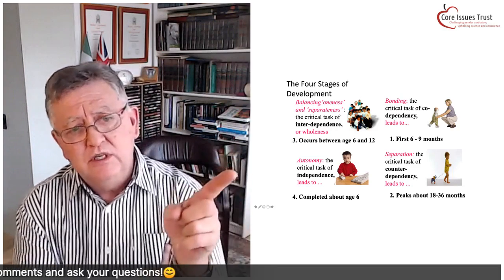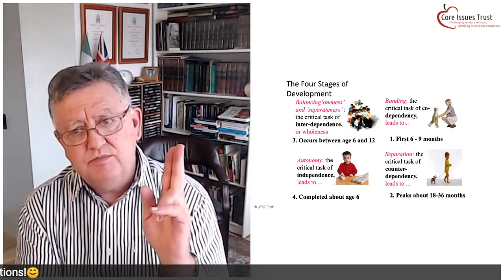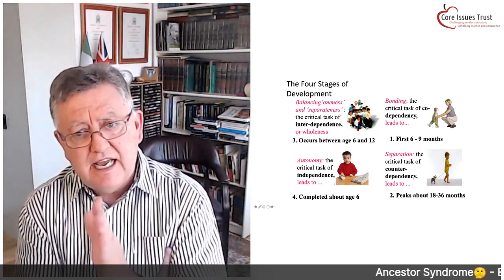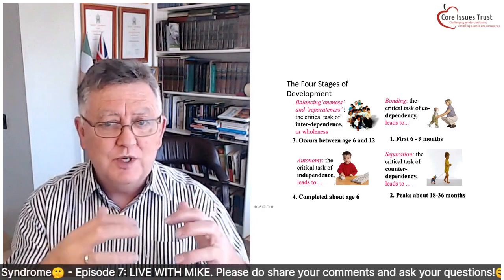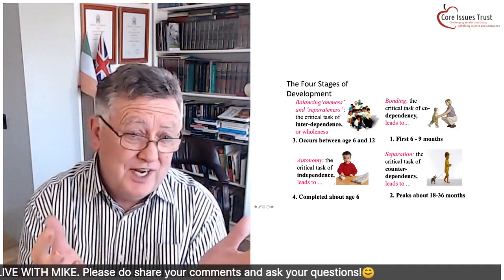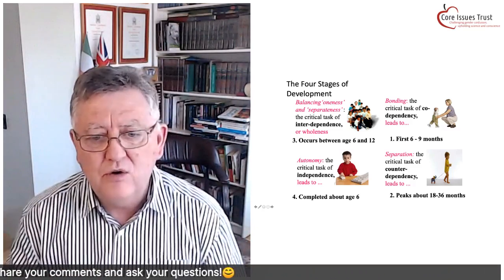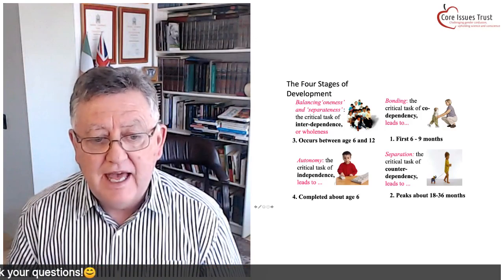So the whole process is from dependency, counter-dependency, independence, and then, if all has gone well, to interdependence. And that really, I think, is what we are all aiming at in our lives.